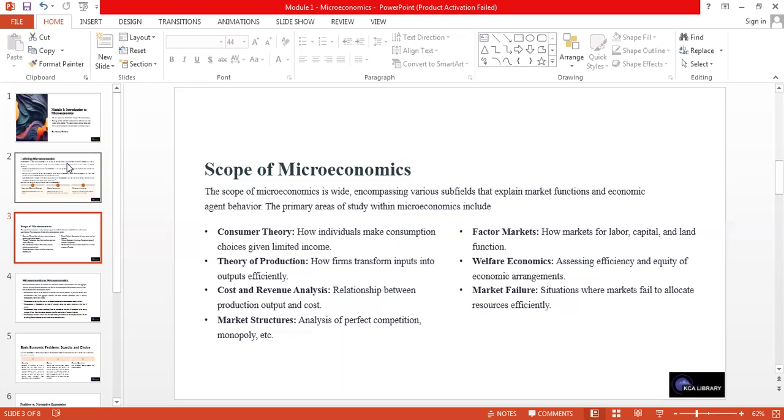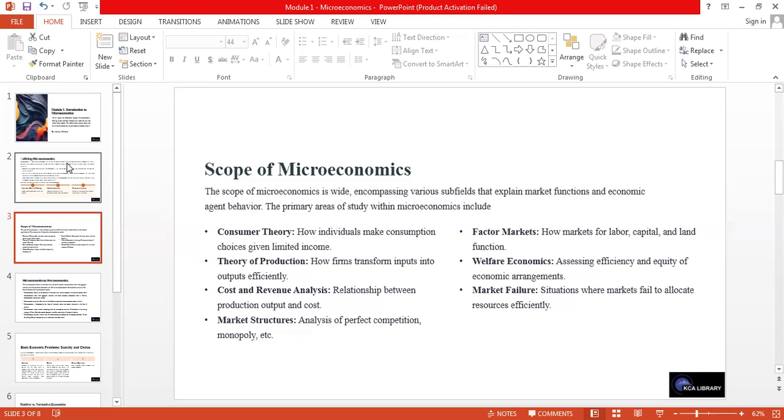We also have the theory of production, which deals with how firms transform inputs into output efficiently. Also, we have cost and revenue analysis, which is the relationship between production output and cost.